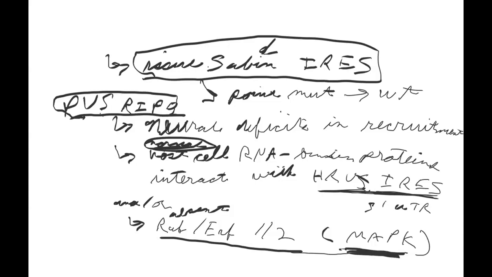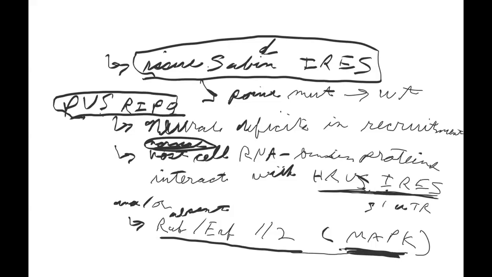In tumor cells, what happens is the binding proteins are not interacting with the IRES, and it's allowing for that cofactor that we mentioned before, the EIF4G cofactor, to be recruited.